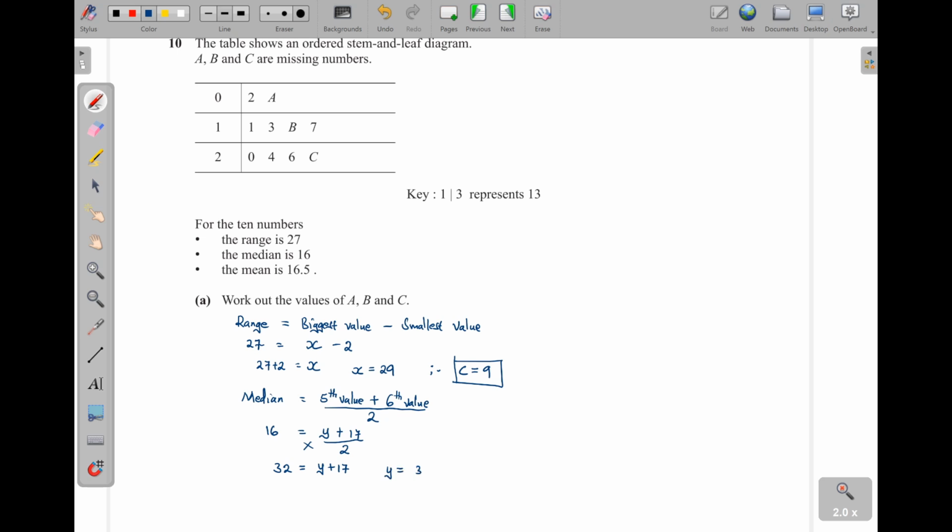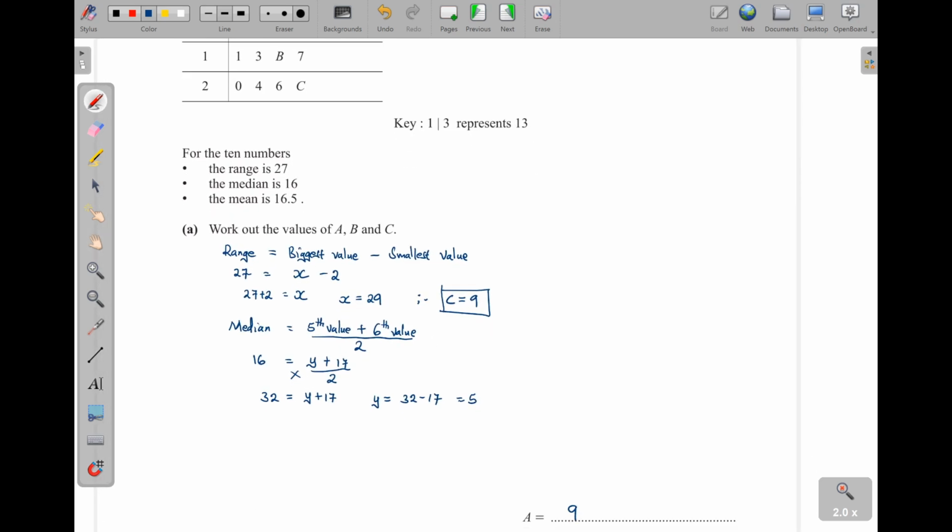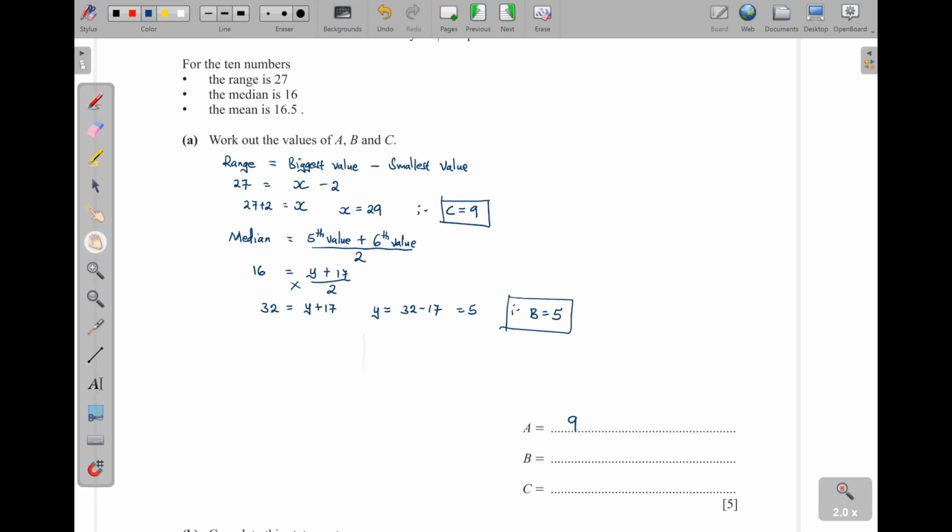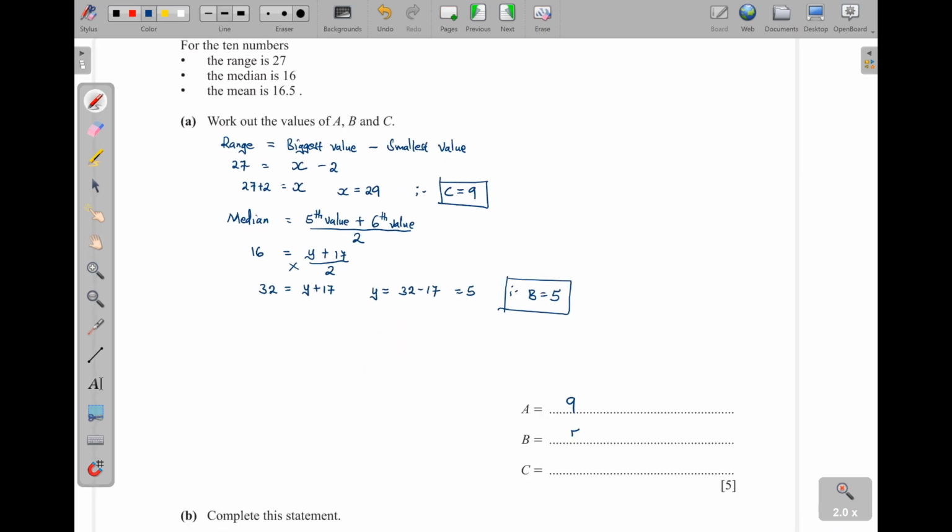It is going to be 32 minus 17. And then this one gives us 15. Yes, this one gives us 15. Okay, so this simply implies that B is going to be equal to 5. Because it is that last number. Already the 1 is here, so B becomes the 5. So I will put here the 5.